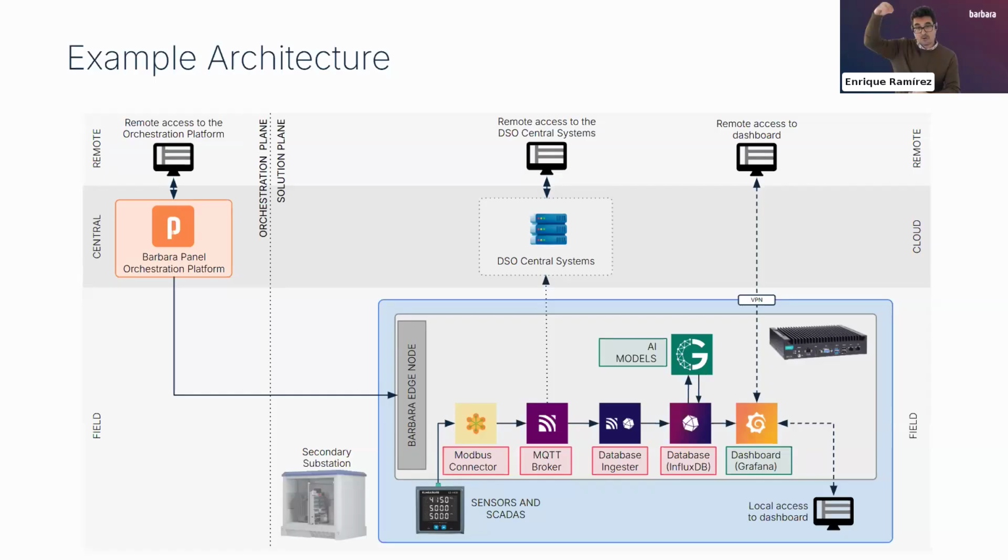So this way, from the central system, you will have visibility of what is happening in each substation in a central way. That is also an option. Here we don't have this integration, but it can be done easily depending on the application you have in the central system.